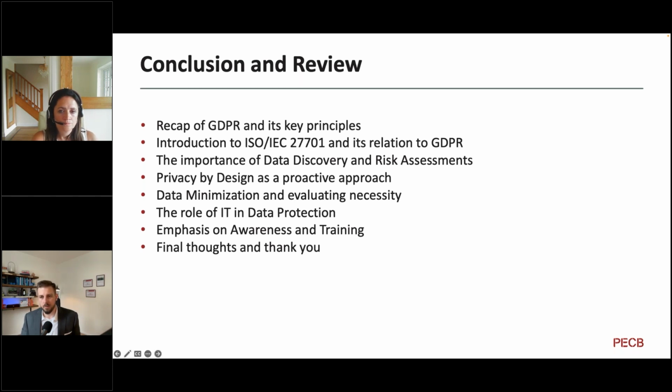But in terms of a single checklist, I don't think one really can exist, because even though GDPR is EU-wide, and there are also global implications, within each individual European Union nation they have their different interpretations of GDPR.